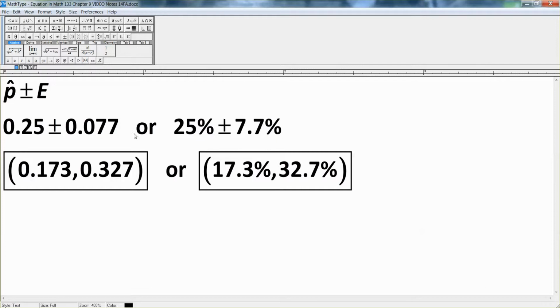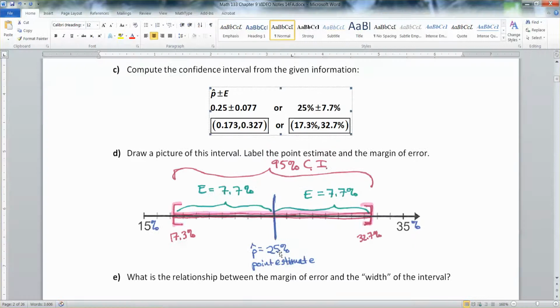That would also work, right? Either one. Again, I tend to use the decimals more often, but it's fine. All right, that is my 95% CI. CI stands for confidence interval. It's pretty common notation. All right, so we've got everything labeled. The middle of it is 0.25 and then 95%.